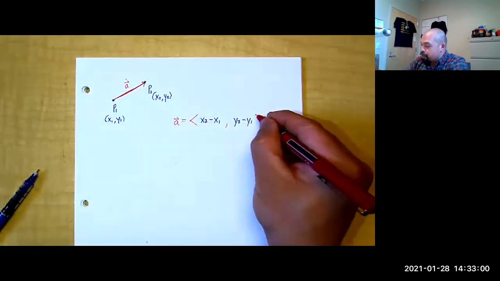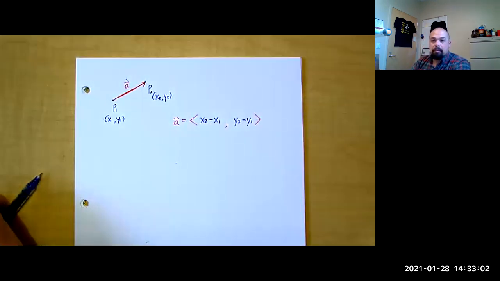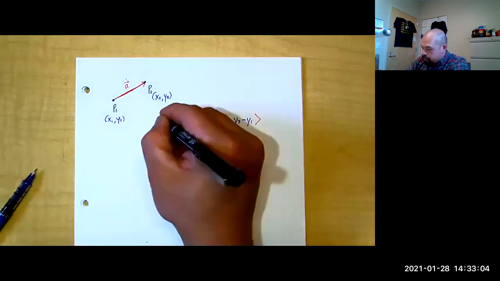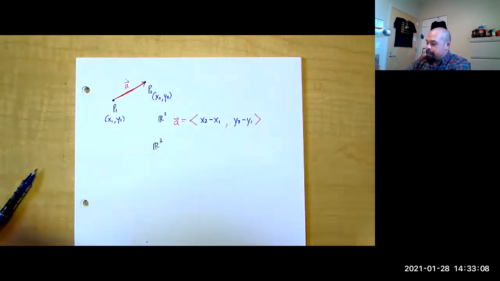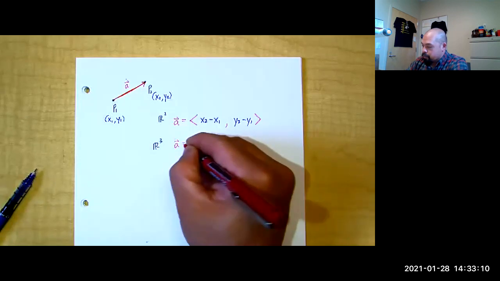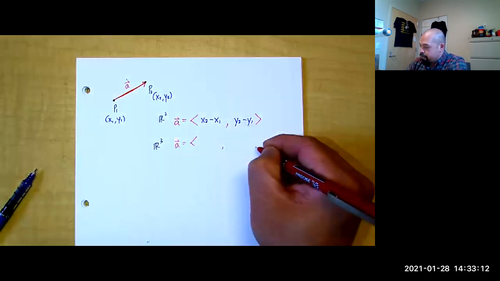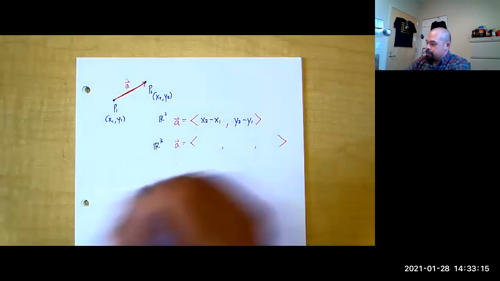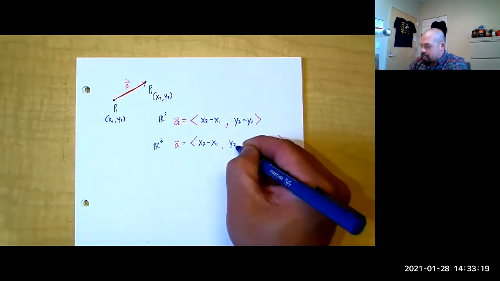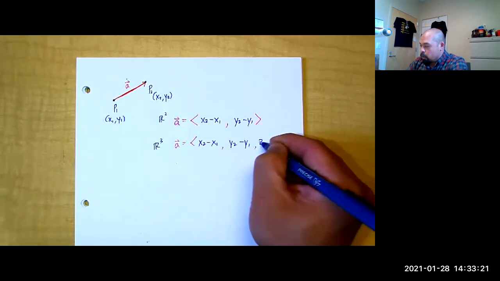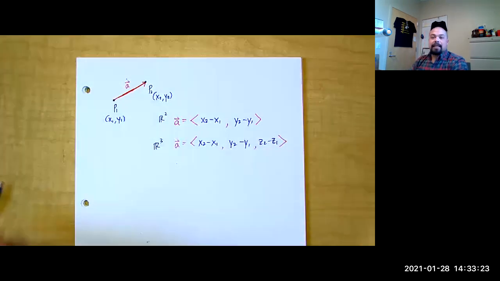And of course, in 3 dimensions, this is R2. In R3, we can imagine that a vector A would have 3 components: the difference in the x coordinates, the difference in the y coordinates, and lastly, the difference in the z coordinates.